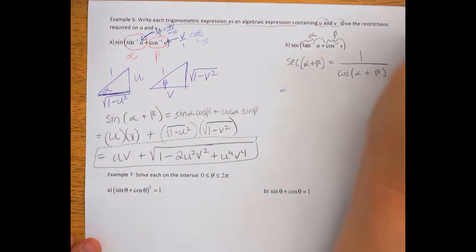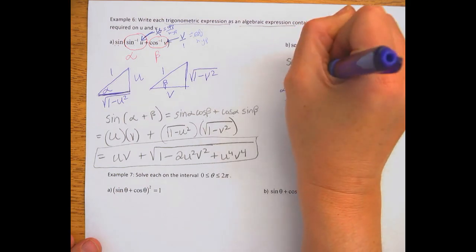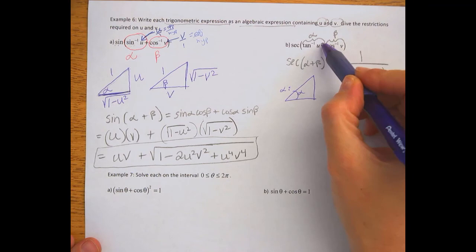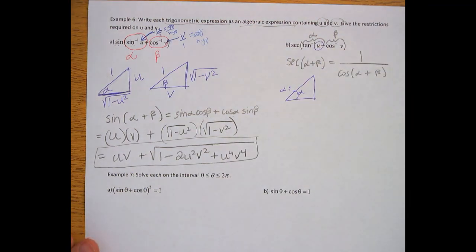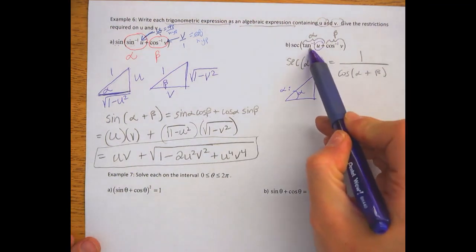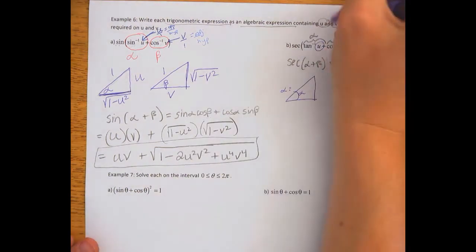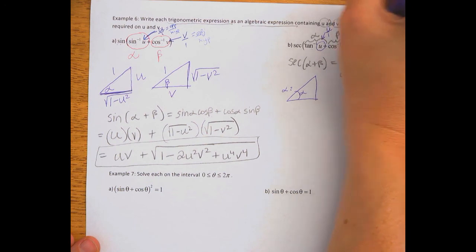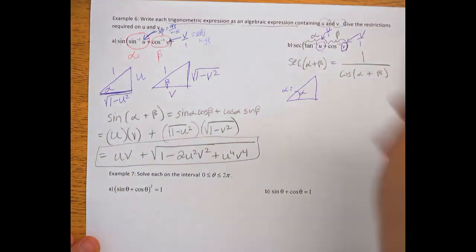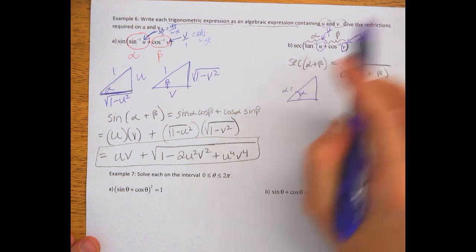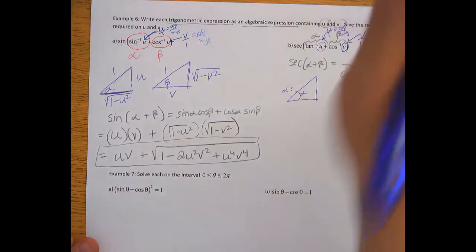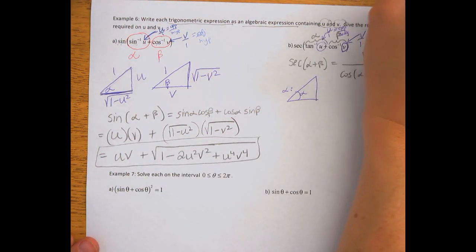So for alpha, U is the ratio of sides because it's inside an inverse trig function. It's U over 1. V is a ratio of sides, V over 1. U is a tangent ratio, so it's opposite over adjacent. V is a cosine ratio, so it's adjacent over hypotenuse.